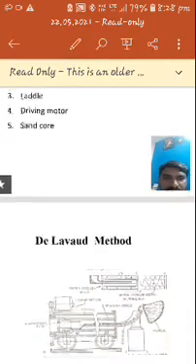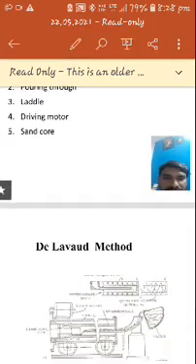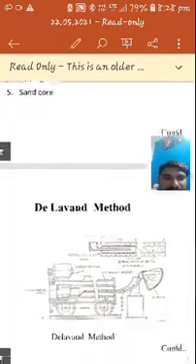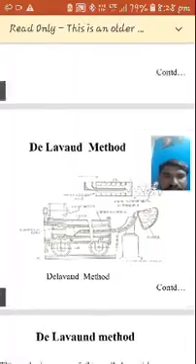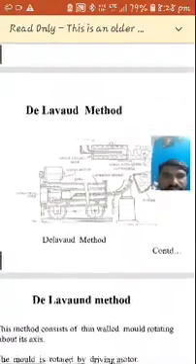A small difference here: the third one is the ladle and the fourth is indicated here, so please make that correction.